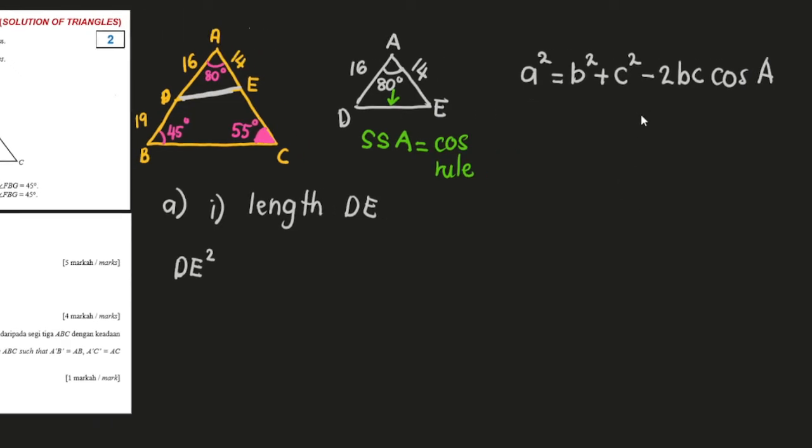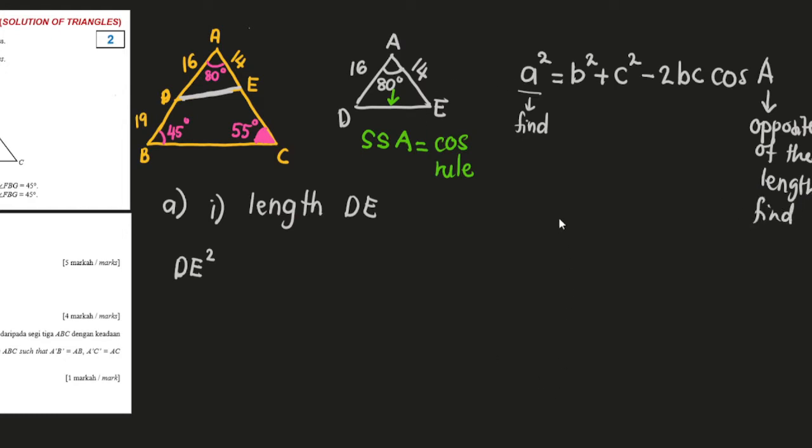Now I'm going to apply this. Always remember, here is the one that you want to find, and the cos angle, you will take from the opposite of the angle, opposite of the length that you want to find. Remember this.